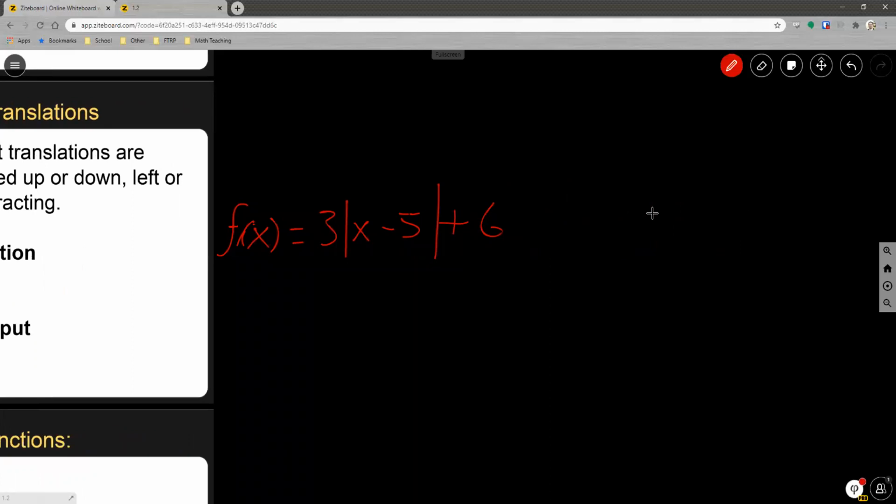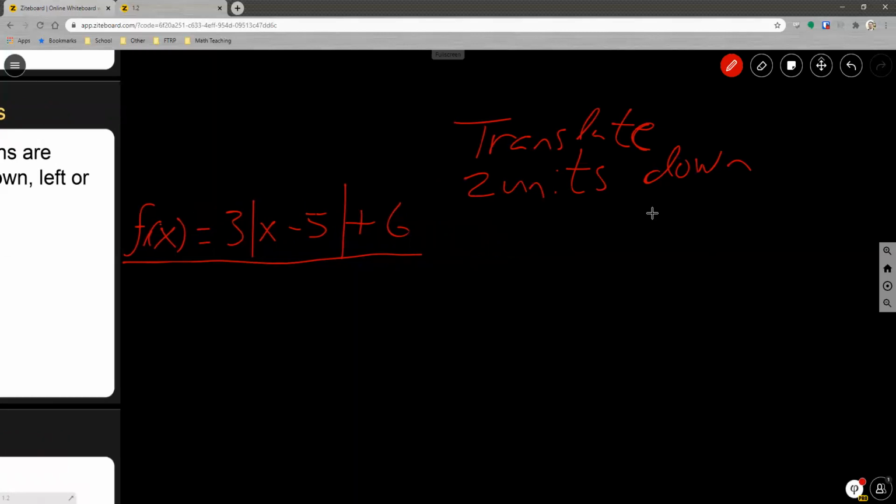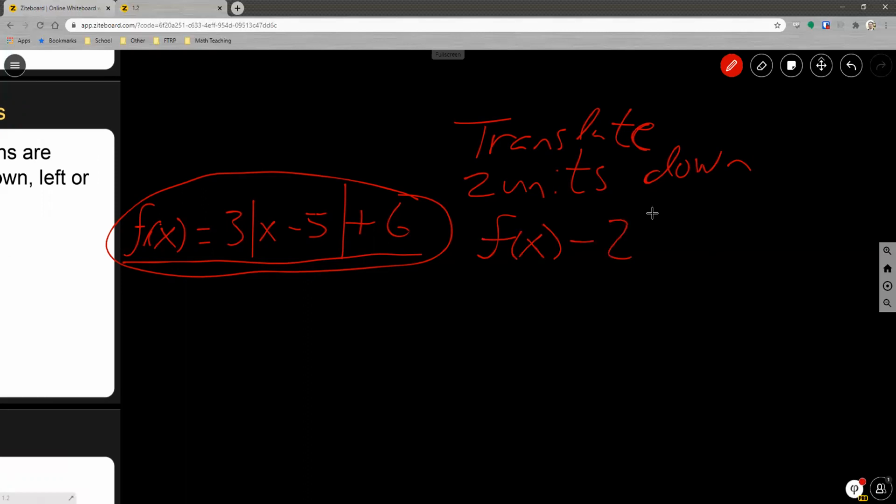Say I wanted to take this function and shift it, or translate it, let's say 2 units down. Well, if I wanted to translate this original function, f of x, 2 units down, I could just take the function and subtract 2 from it.